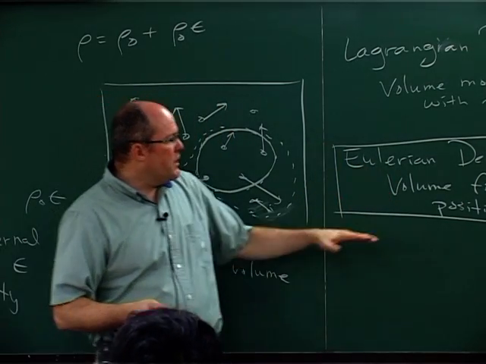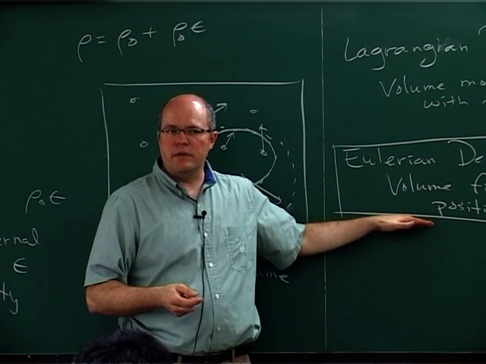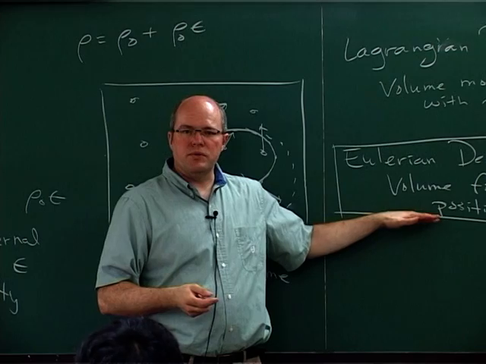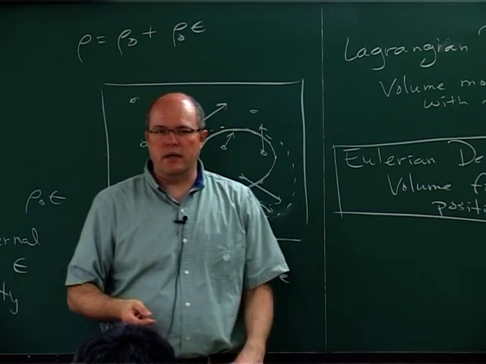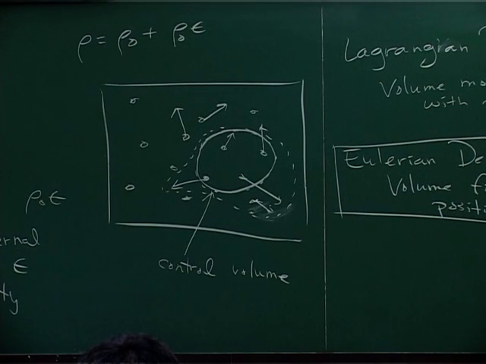The nice thing about the Eulerian description is it's very simple to set up with coordinates, and that's what most of the runs used today are, Eulerian versions of fluid mechanics.